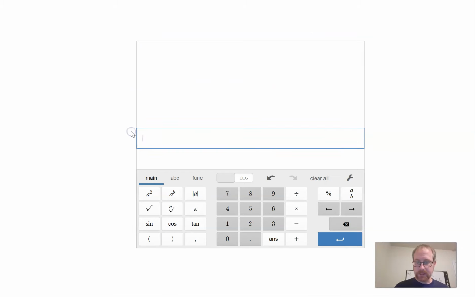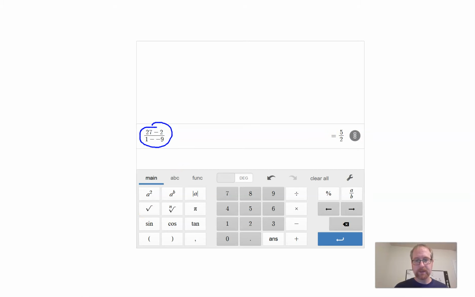I'm going to erase this, and first thing I do is make my fraction. In the numerator I'll do 27 minus 2, and in the denominator I'll write 1 minus negative 9. Again, I just have the decimal and I convert it to a fraction, and all of a sudden I basically went from the very first step all the way to the answer.